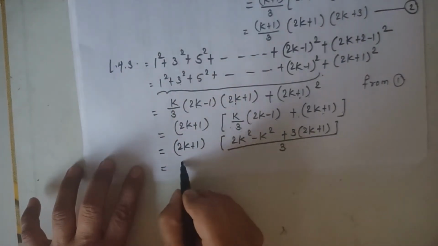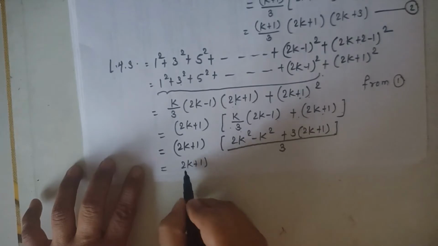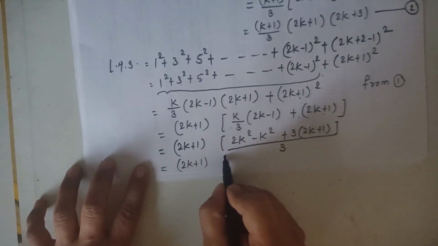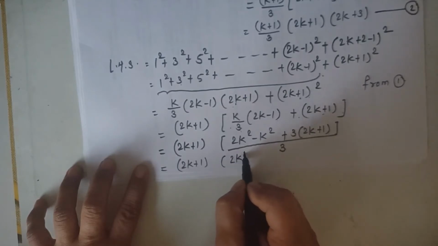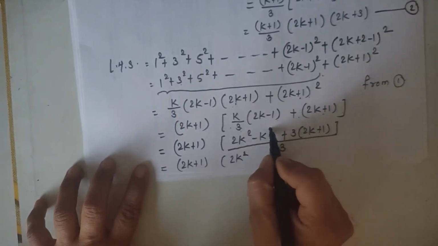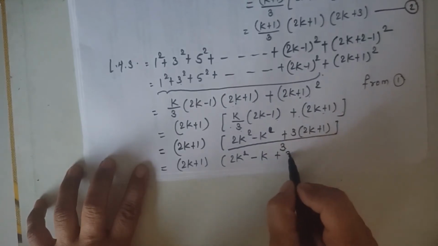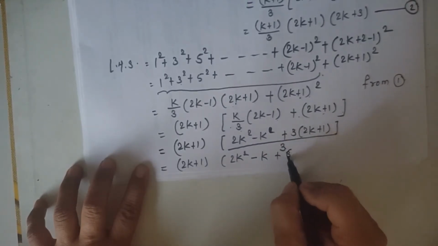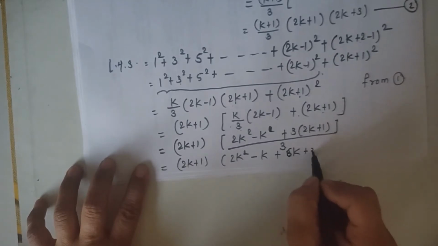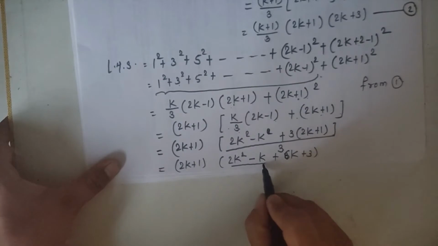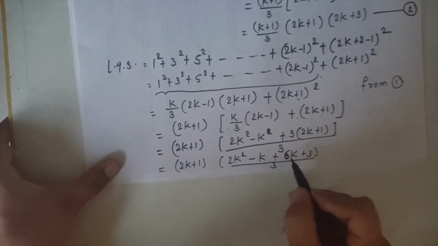Also 2k plus 1 into 2k square minus k plus 3 into 2k, that is 6k plus 3, upon 3.